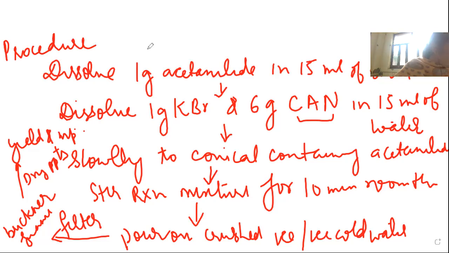Now the one question is, why are we using ceric ammonium nitrate instead of bromine? The answer is that bromine is very corrosive in nature. Moreover, when we use bromine in acetic acid or chlorinated solvents, we have to use an organic solvent.